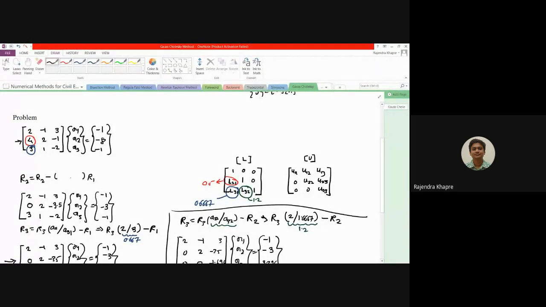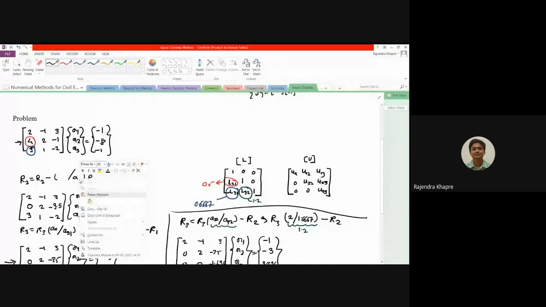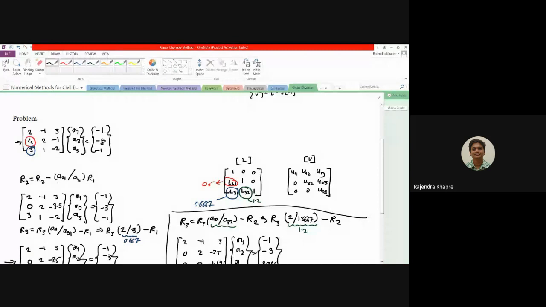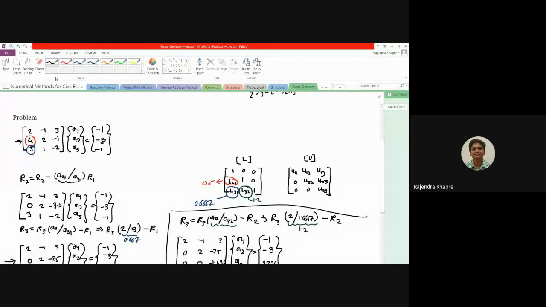And it will be exactly the reverse of that. So here this will be A11, this will be A11, and this will be A21. Accordingly R2, I think R2 is not going to change. And this will be nothing but your L21.